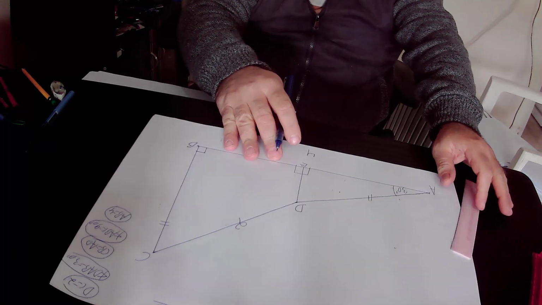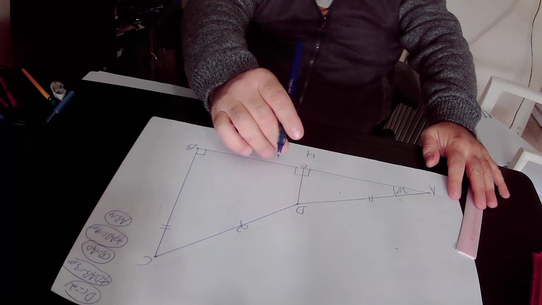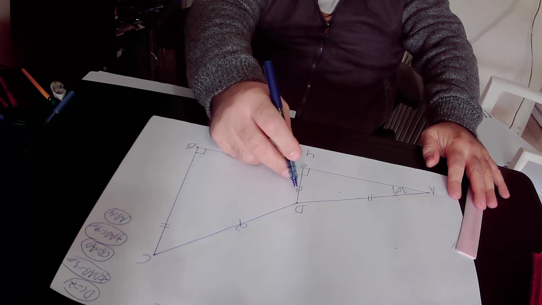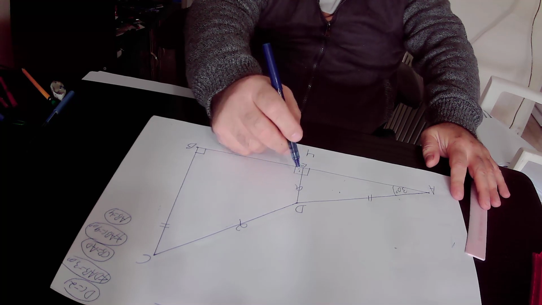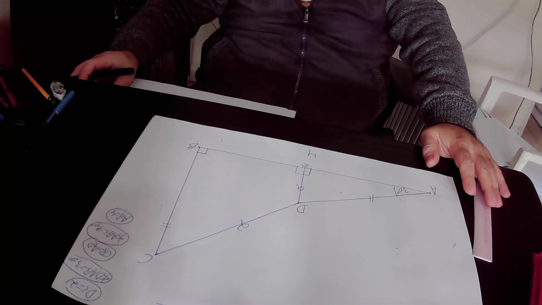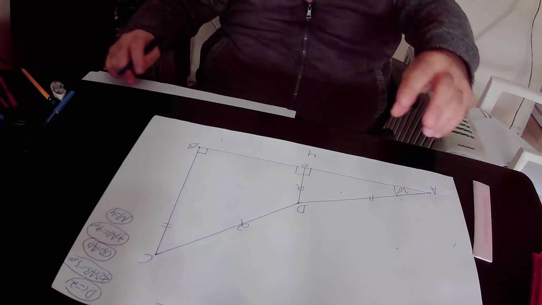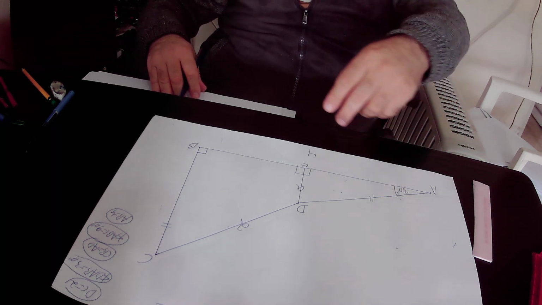We will define line segment DE as A, that is to say the length of line segment DE is equal to A units. Then we will focus on the right triangle ADE.